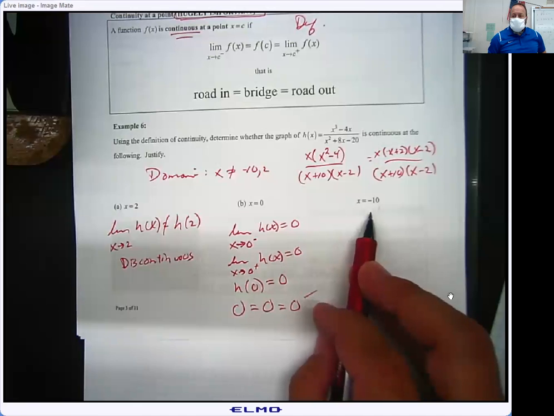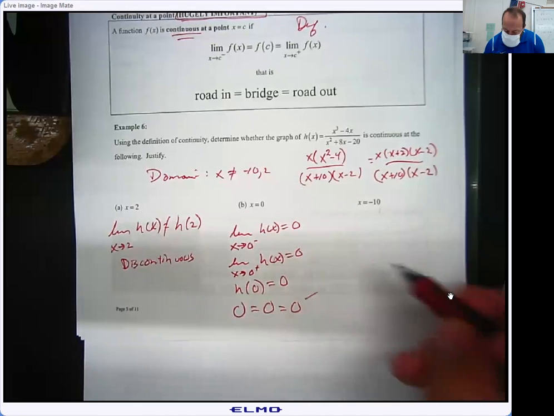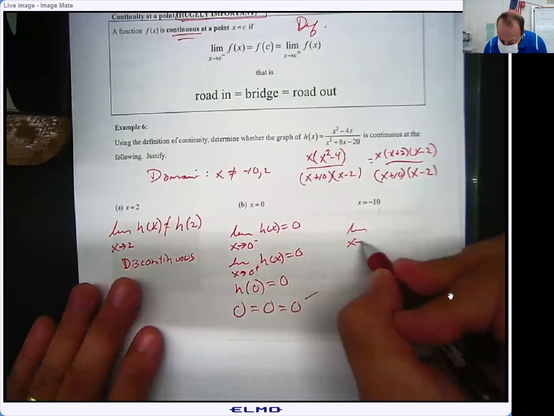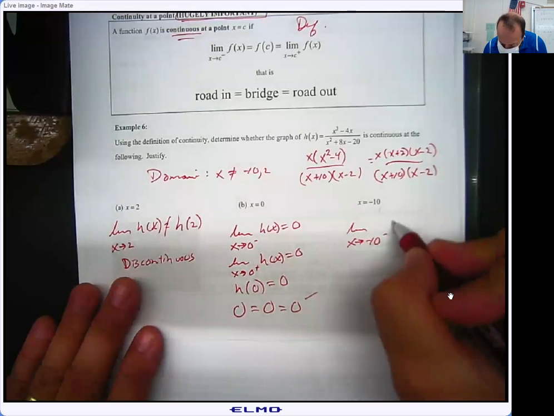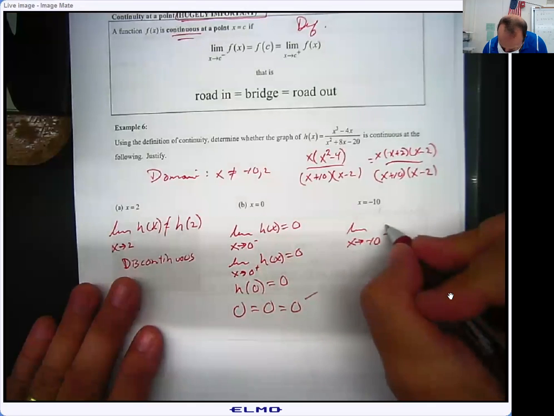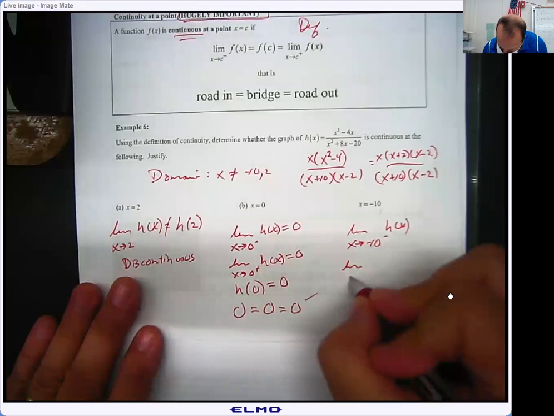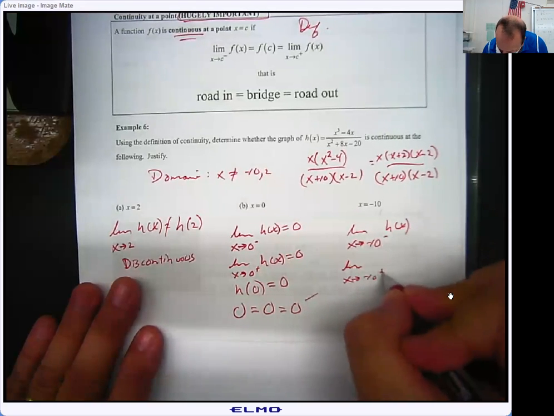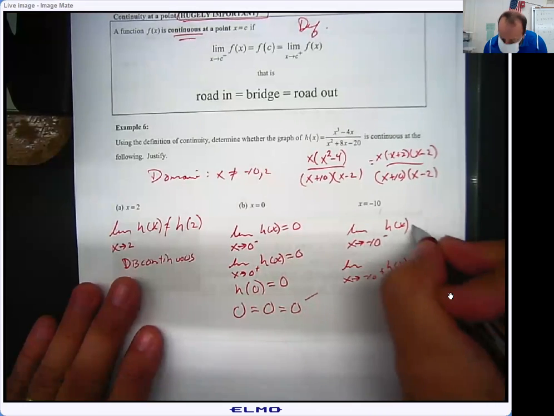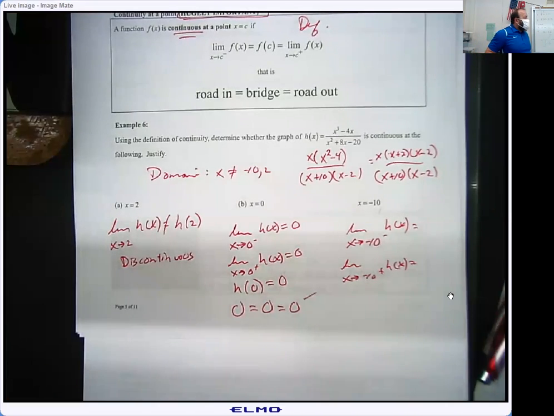So let's try that. What is the limit as x approaches -10 from the left? And what is the limit as x approaches -10 from the right? Can you guys go find that out? What is that value? So what would be an easy way for you to decide what those values are?